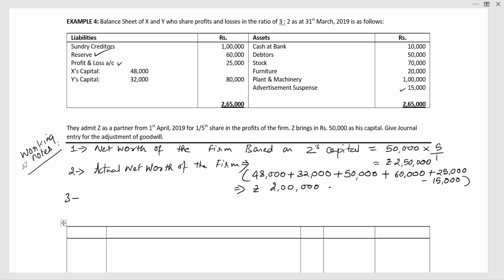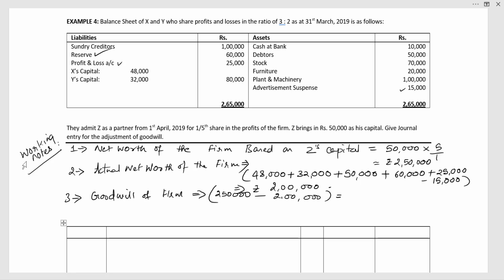Step 3. Goodwill of firm is equal to rupees 2,50,000, answer of step 1, minus the answer of step 2, which is rupees 2 lakh.